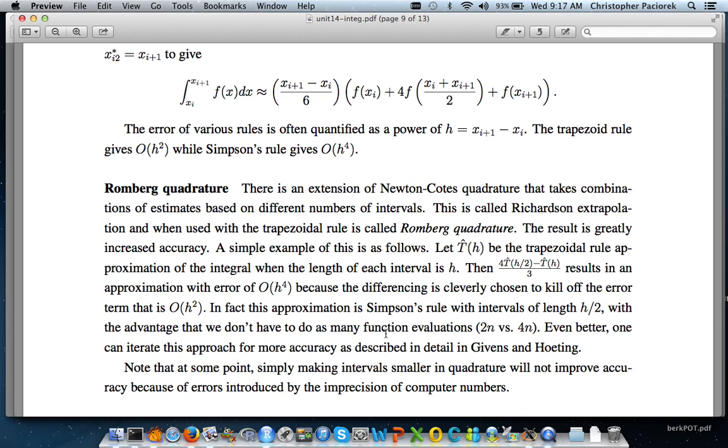And then I'm going to subtract off 4 times T hat of h over 2. Okay, so I'm taking 4 times this minus this guy, so minus T plus c1 h squared plus order of h to the 4. And then I'm dividing by 3.